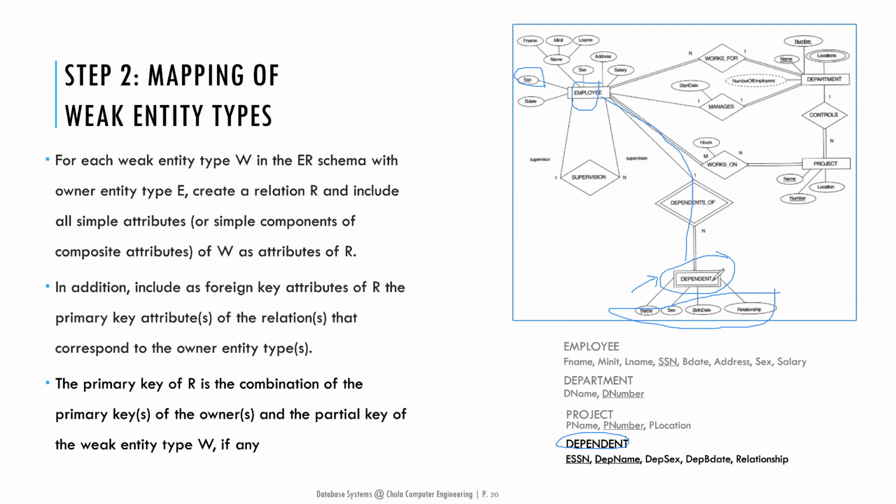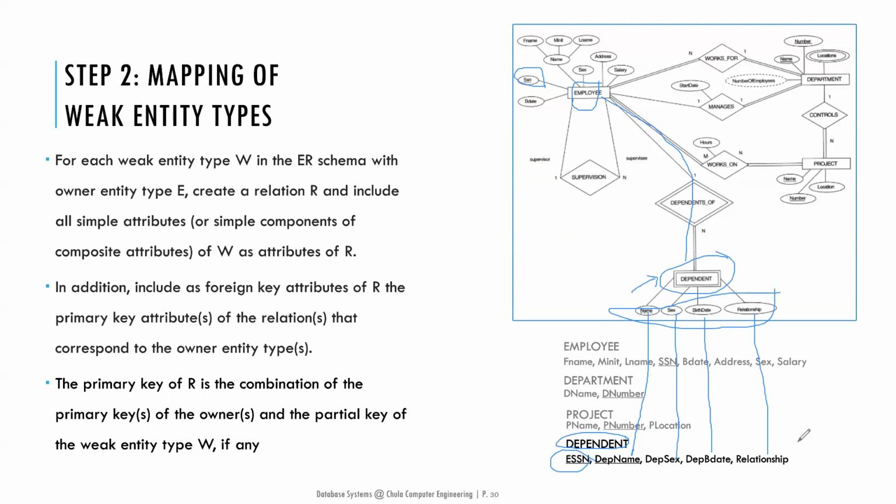try to follow me first, okay? Let me do it again. I said dependent, I said dependent here. For dependent, I have name, I have sex, I have birth date, and I have relationship here. What happened with this ESSN? ESSN came from this step saying that if it is a weak entity type, you must take the primary key of the owner entity, which is SSN, right? And include it as foreign key.